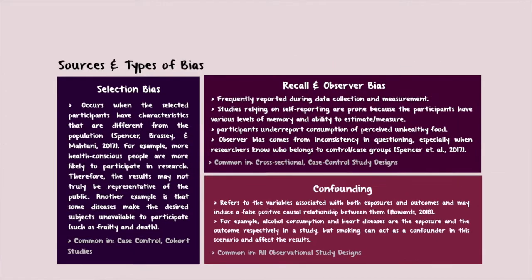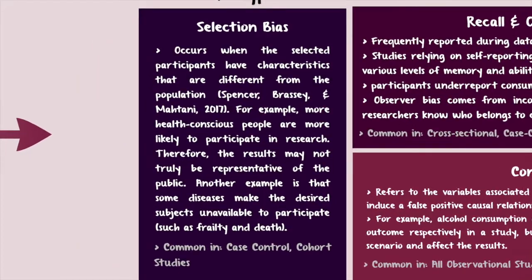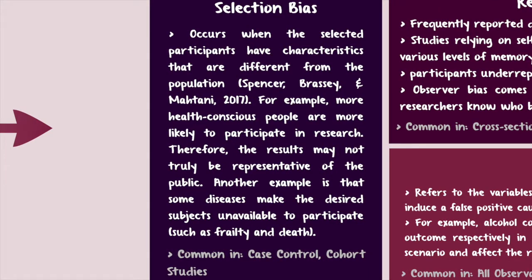When reading studies, it is helpful to be aware there are a few common sources of biases to which certain studies are more susceptible. Selection bias occurs when selected participants have characteristics that are different from the population. For example, more health-conscious people are more likely to participate in researches.